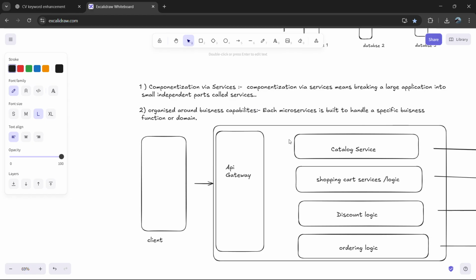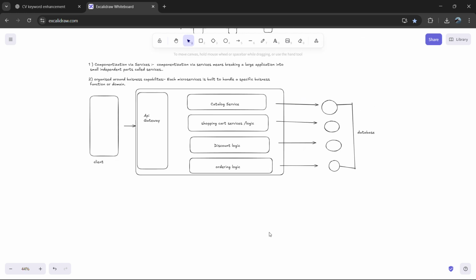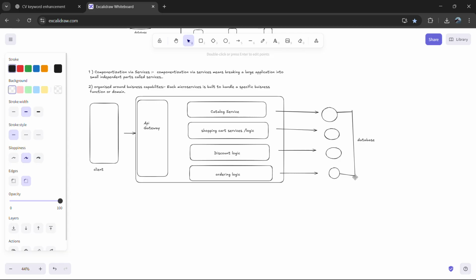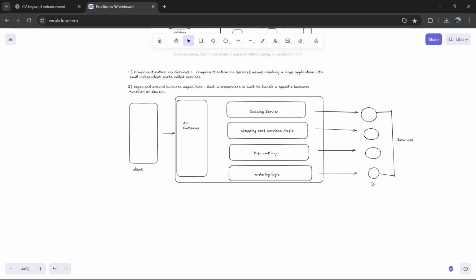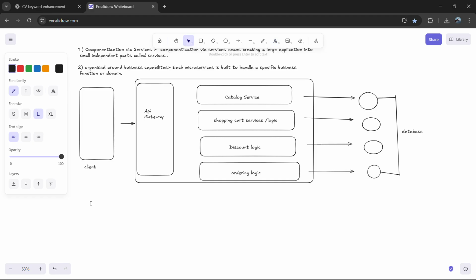Okay, so we will move on to the next topic. Our next concept that Martin Fowler has given is that if you want to make a microservices architecture, then these points are very important for making your application a microservice architecture.